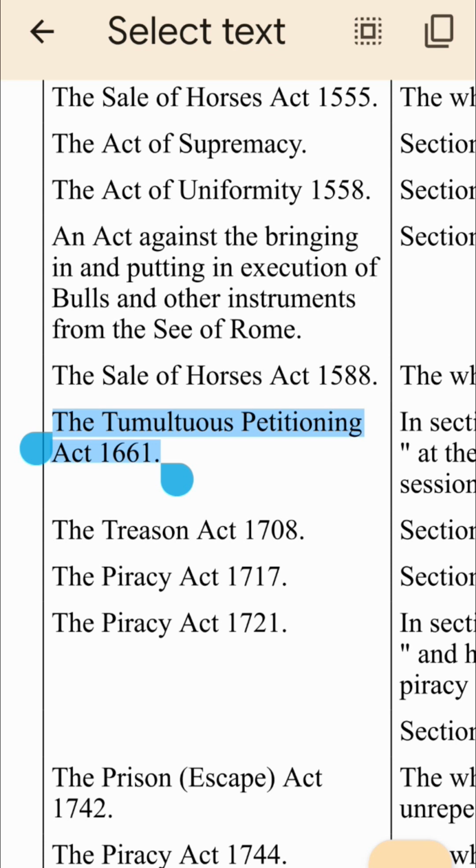The problem is now that I've realised what's actually happening is that I'm complaining about the fact that they're bringing cases against people who are petitioning Parliament without a special procedure.